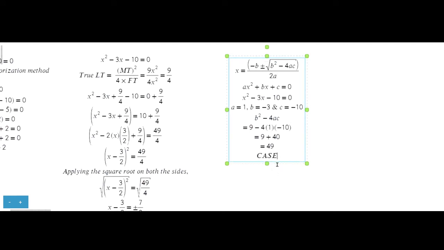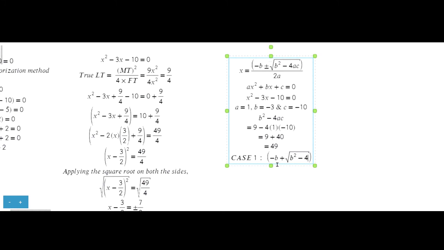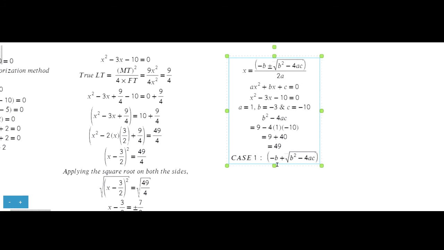Okay, so now taking case 1, in which we will be taking the positive sign into consideration. Let's write down the formula as minus b plus square root of b square minus 4ac, divided by 2a, which will be equal to, your minus b is minus 3, so it becomes positive 3, and b square minus 4ac is 49.